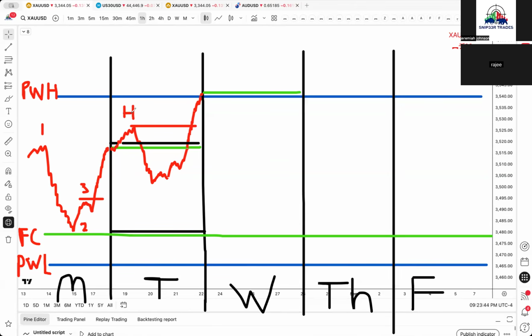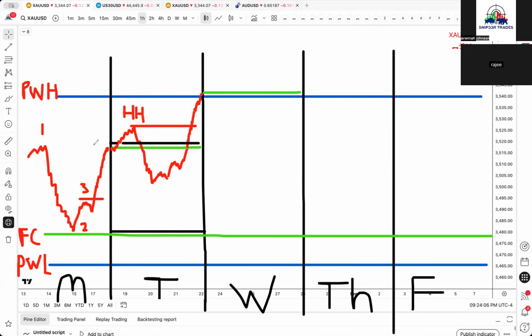Tuesday is the initial balance. Now traders overcomplicate Monday and Tuesday because again, we don't know anything until the close of Monday. And then on Tuesday, they're either going to break out, pull back and trend, range, or reverse from Monday's high or low.